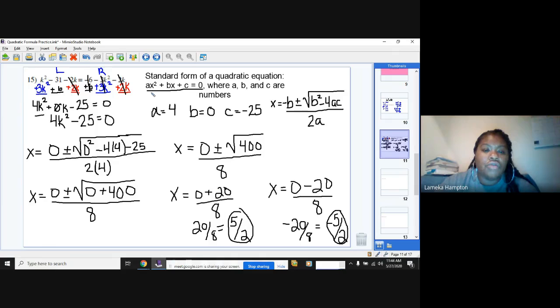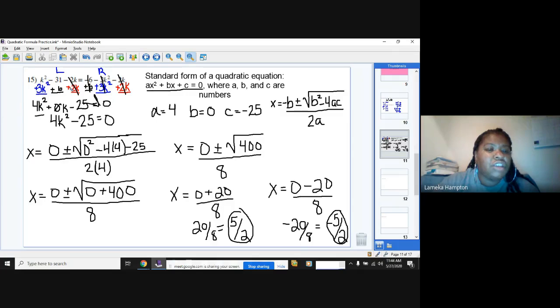So we had to move all of these things from the right to the left because we want our right side to be equal to 0. So when we did that, we said 4k squared because 1 plus 3k is 4k. So again, this is reinforcing like terms. So you have to make sure that you understand what like terms are and what unlike terms are.